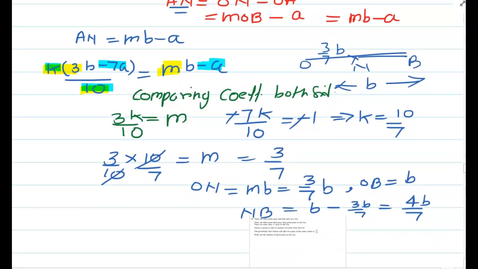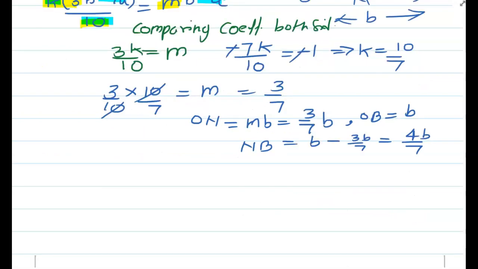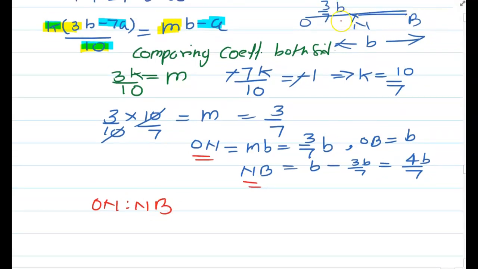Now let me create more space because we got ON and we got NB. So let's write down our final ratio. ON is to NB ratio, so you can write ON divided by NB.